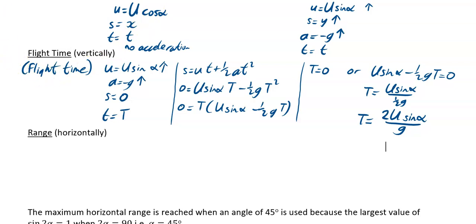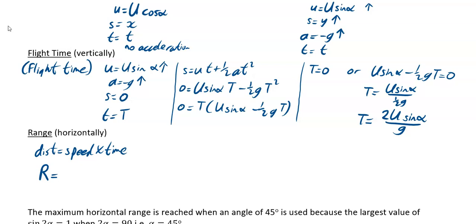Okay, next thing we're going to look at is the range. So this is going horizontally. And remember, horizontally, your speed or your velocity is constant. So distance, very easy, distance is equal to speed times time. Our distance, we're going to call the horizontal thing a range.